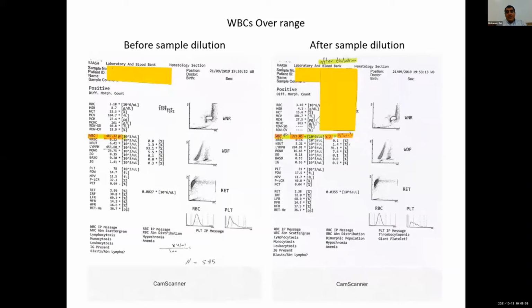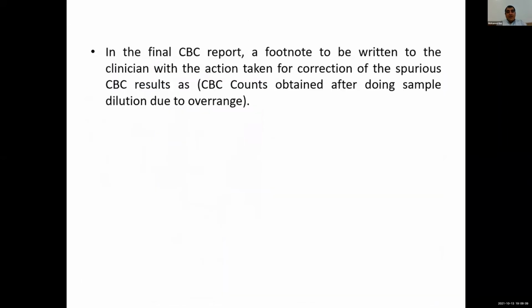We did a correction by dilution with saline 1 to 1 plus 1, and we multiply the result by the dilution factor, which is 2. And finally, we have to write the footnote as usual to the treating clinician, informing him that we have a spurious CBC result, and this spurious CBC result is corrected by doing the sample dilution.